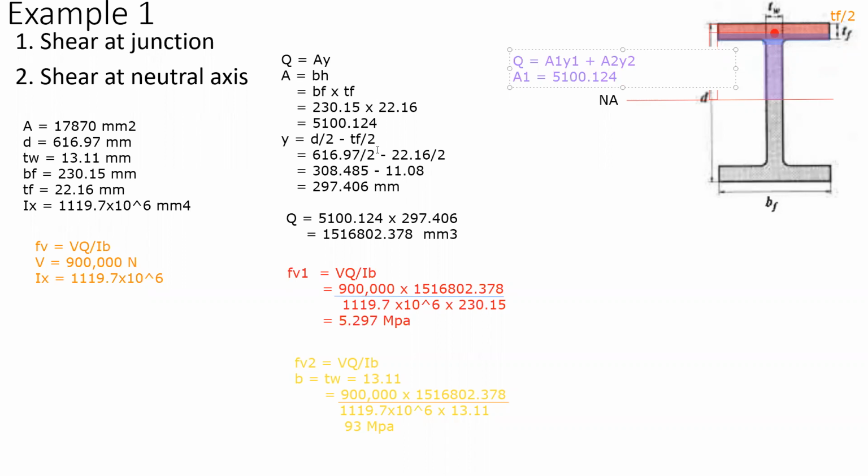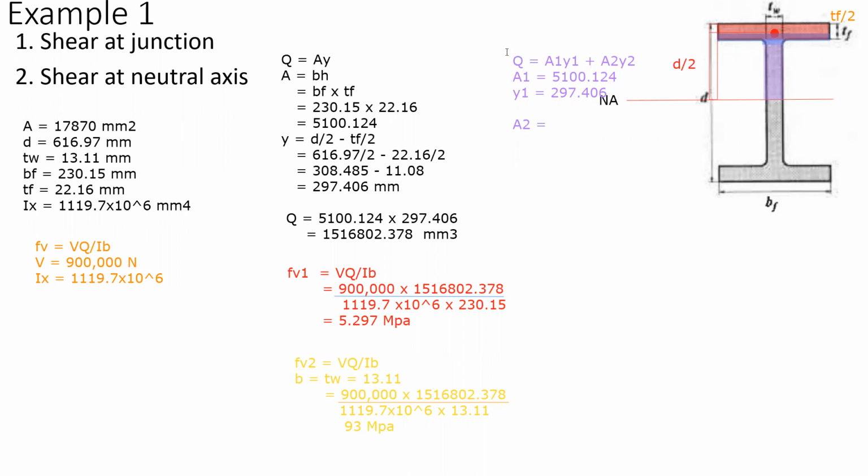That is 5100.124. Our Y1, we also solved. It stays the same because our area is here. This is 297.406. Now let's solve for A2. A2 is equal to this part, this small one.